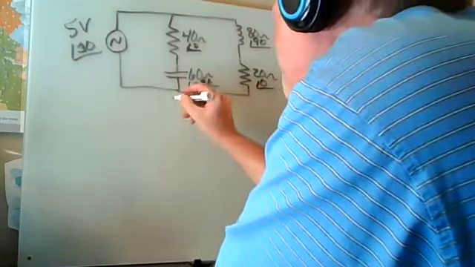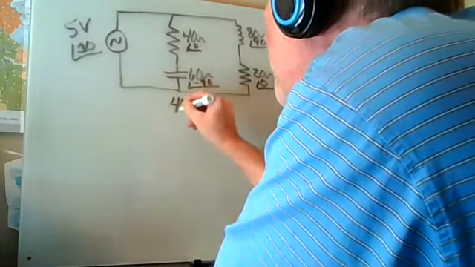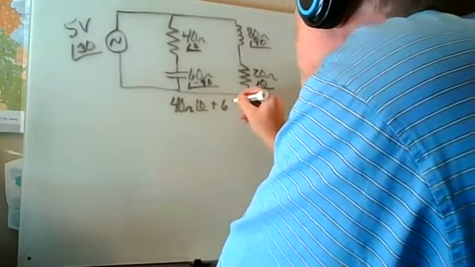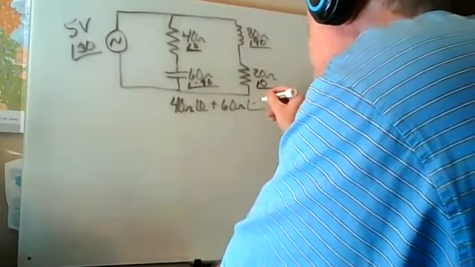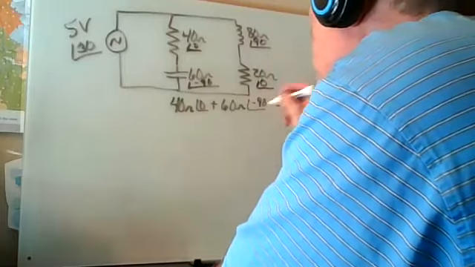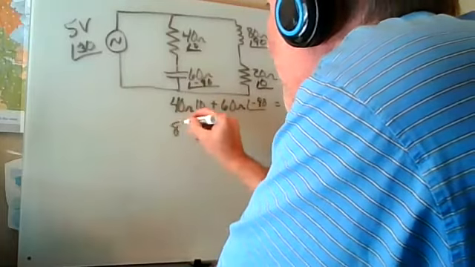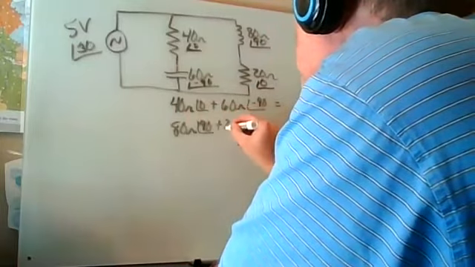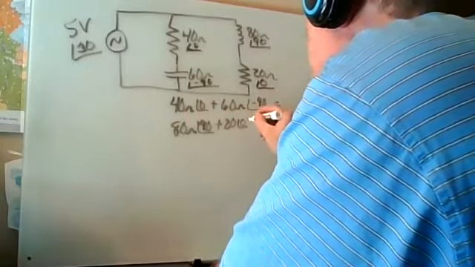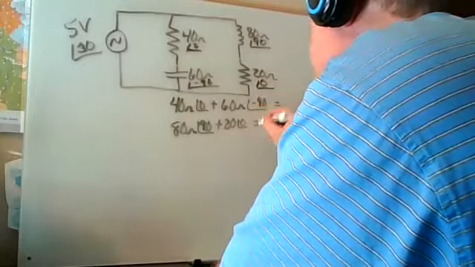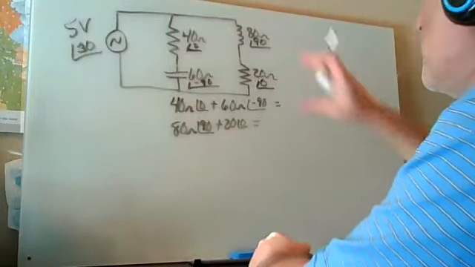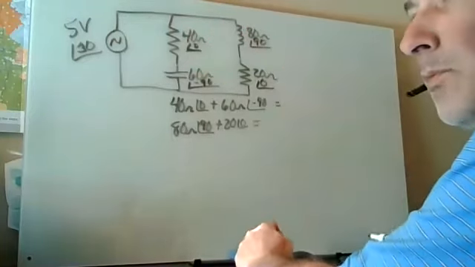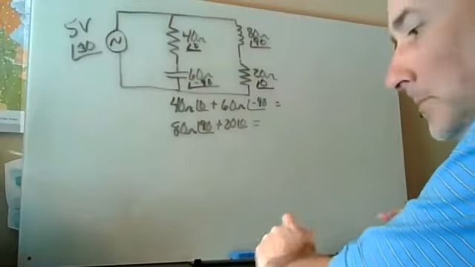So I'm going to say 40 ohms at an angle of 0 plus 60 ohms at an angle of negative 90 equals something, and 80 ohms at an angle of 90 plus 20 ohms at an angle of 0 equals something. Because then when I get both of these, I'm just going to squish these two together, squish these two together, and I'm left with what? I'm going to be left with a parallel circuit.